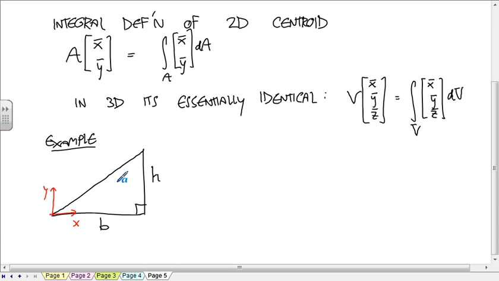There's probably infinitely many ways to do it. Let's do it like this, just because it works out nicely. So this is going to be a single increment of area. This is dA.